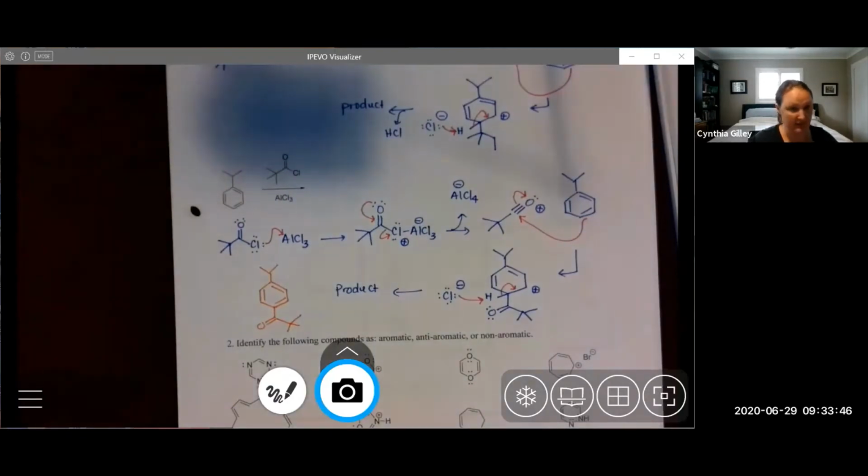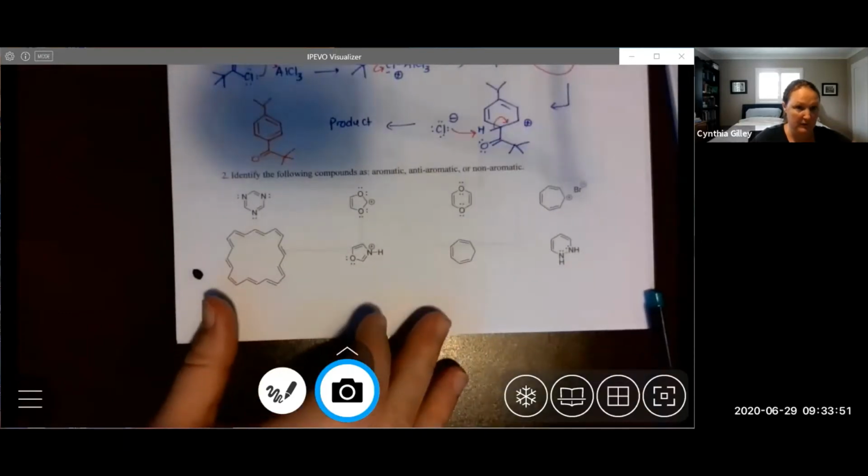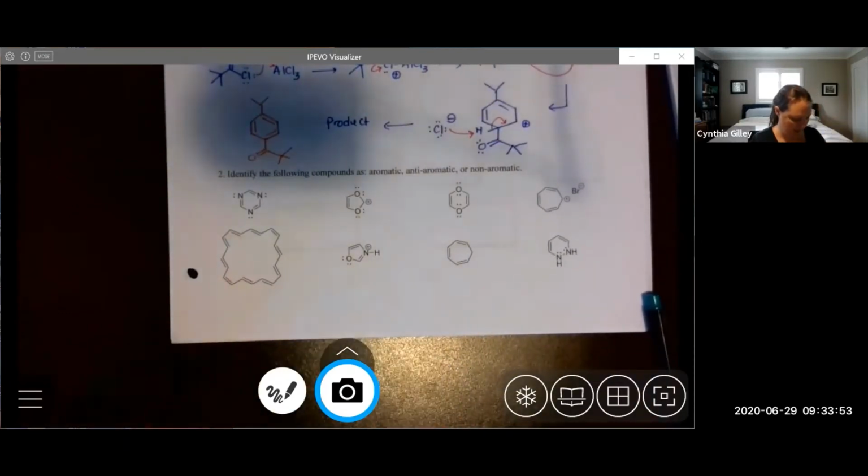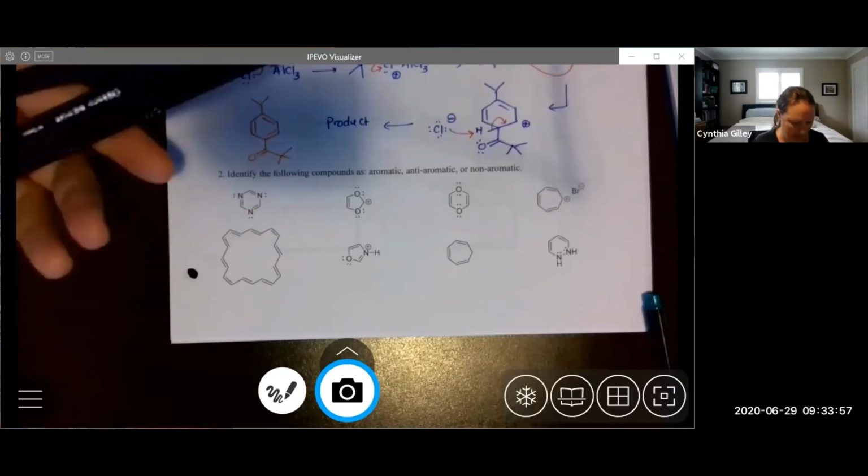Right. So moving on, we're going to be doing a little bit of review, identifying the compounds as aromatic, anti-aromatic, or non-aromatic.